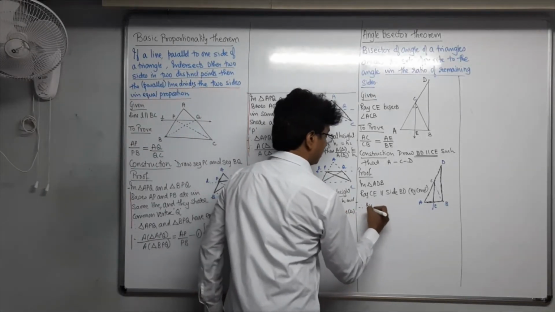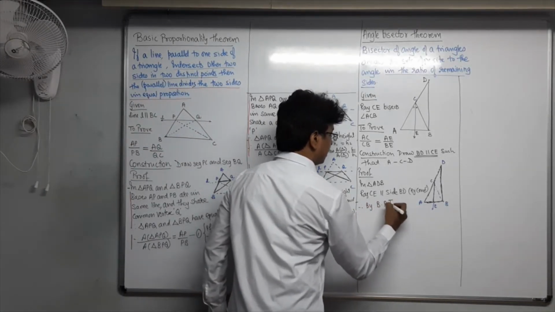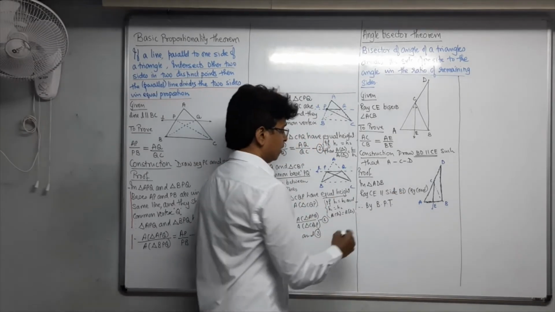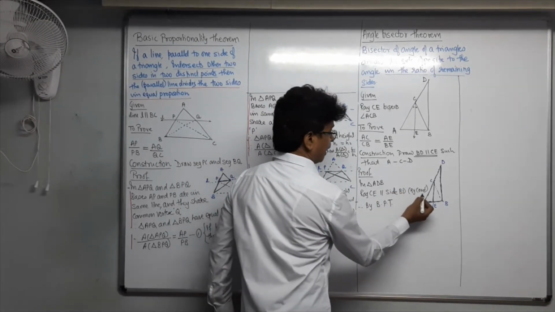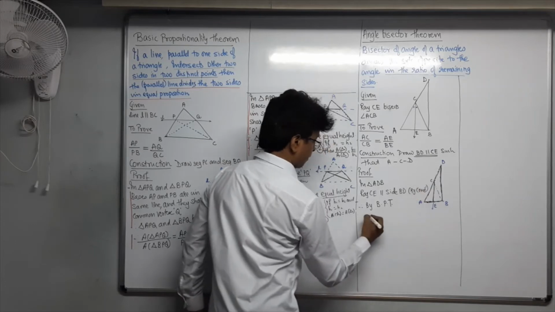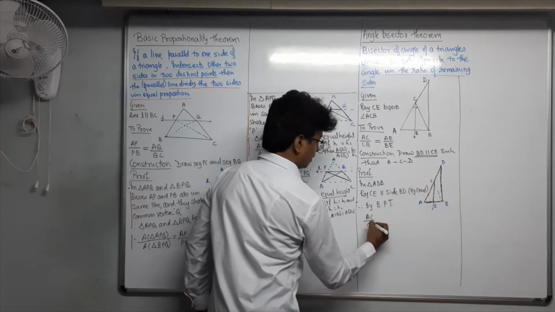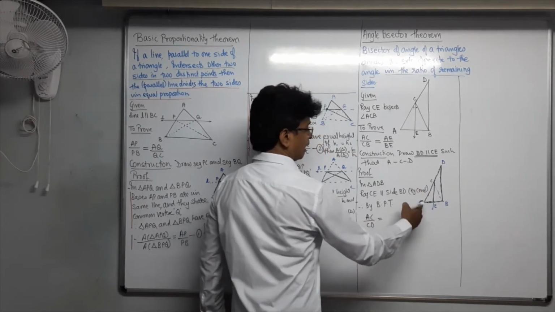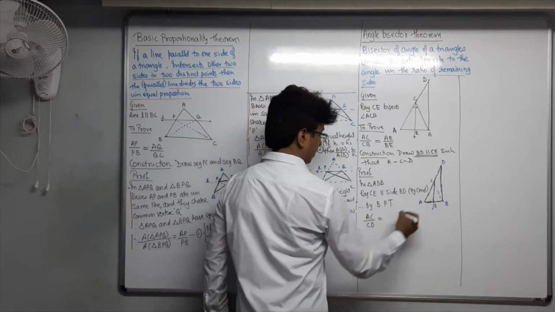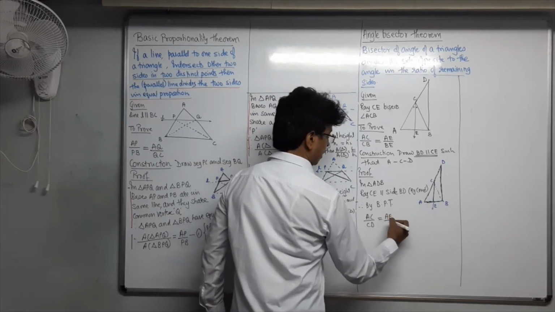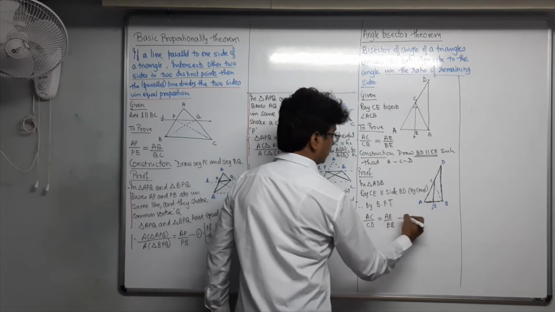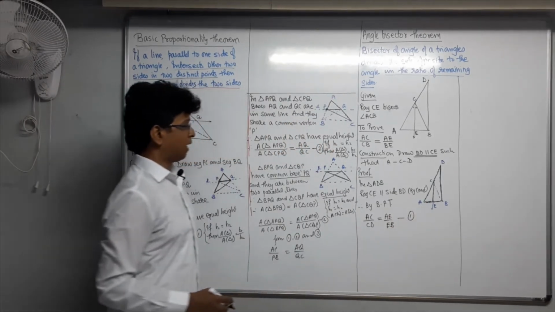Therefore, by BPT, what will you get now? AC upon CD is equal to AE upon EB. This is your equation 1.